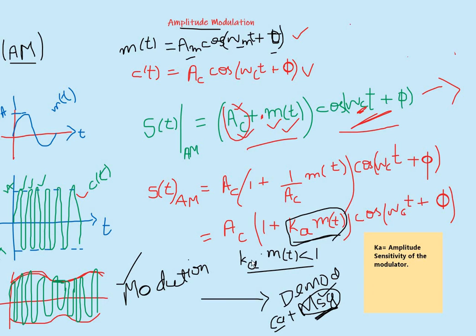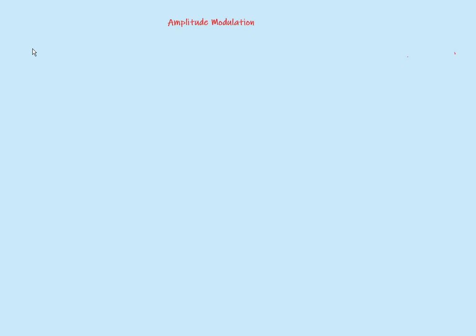It is very important to have this Ka into m(t) less than 1. Okay, so we'll see this. Just give me a second to erase it. Okay, so I told you that this Ka m(t) is very important in determining whether we'll be able to recover our signal back properly or not. So for that, it should be less than 1.